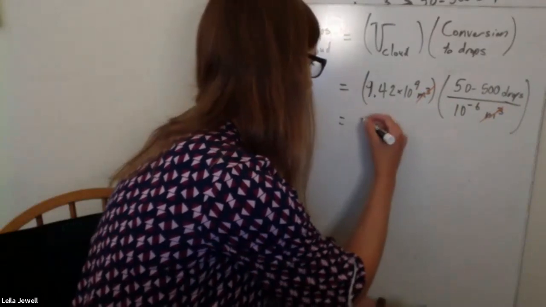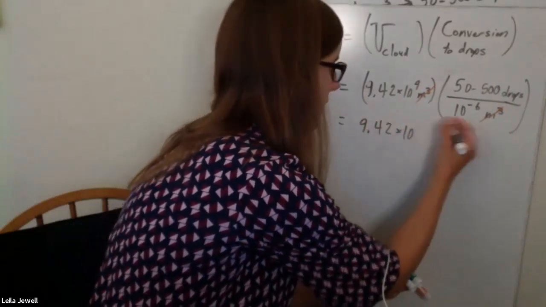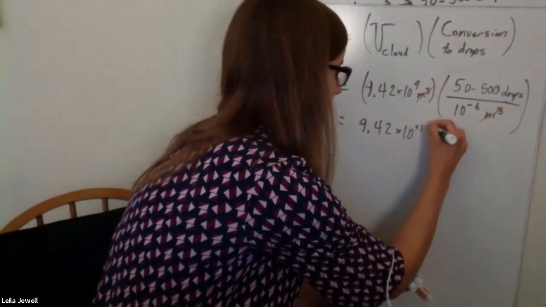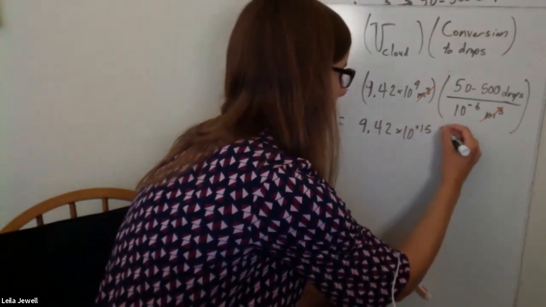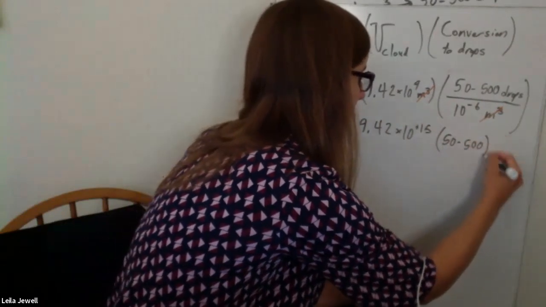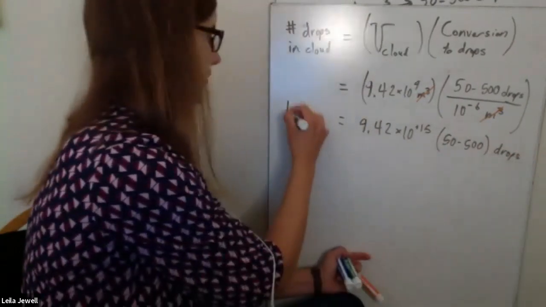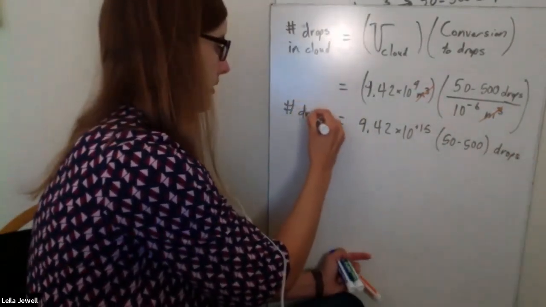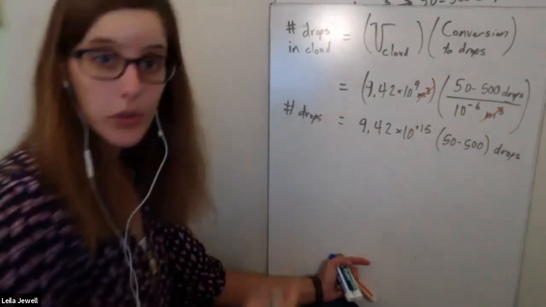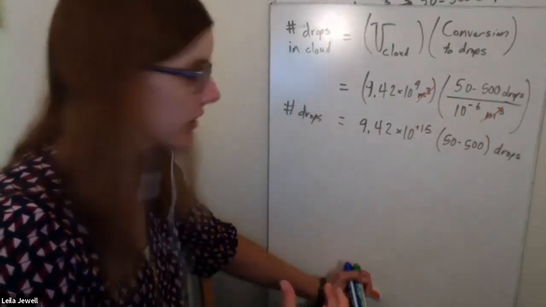So I'm just going to worry about the powers of 10 for now. So 9.42 times 10 to the positive 15 times 50 to 500 drops. So this is our number of drops total.